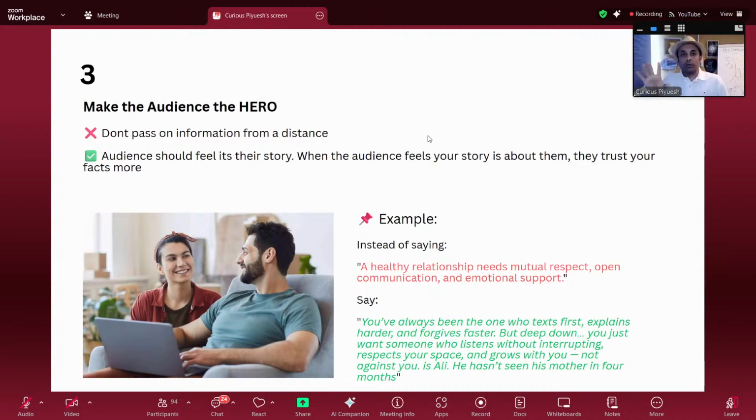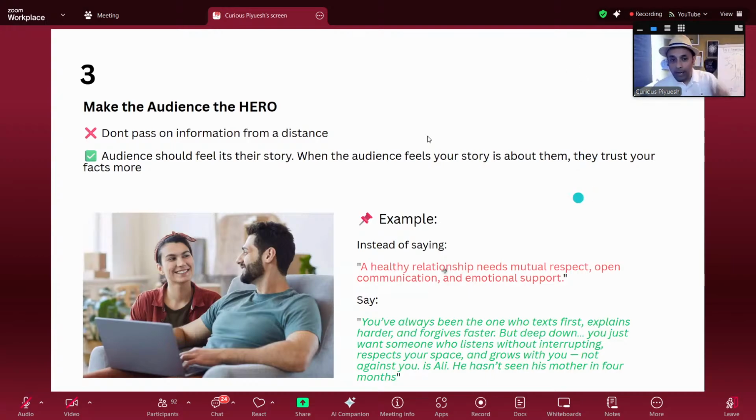In Hindi we say gyan dena, in general we can give a lot of gyan, but when your sentences have you in them, you will feel more responsible, and you cannot give wrong facts then, because now you're talking to you. And that's what human beings respond to as well. The audience should feel it's their story. When the audience feels your story is about them, they trust your facts more.